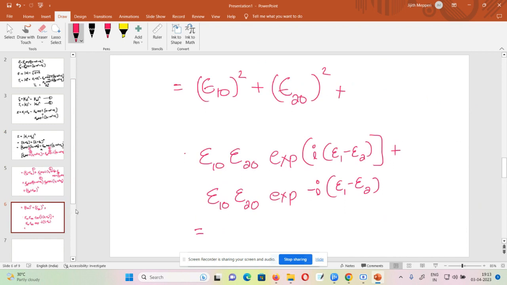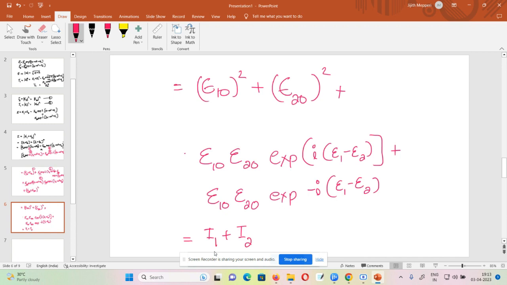Now here also E10 E20 is common. E10 square I can put as I1, and E20 square I can put as I2.